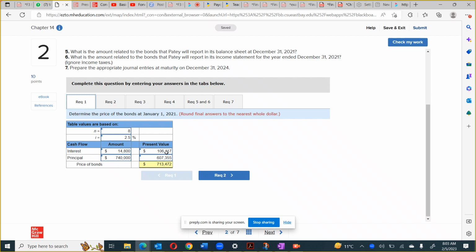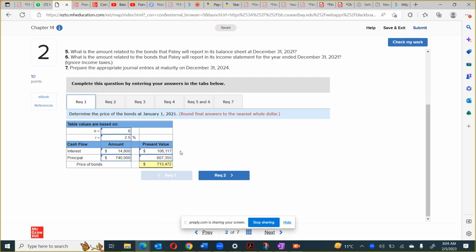Present value of annuity of interest, because we cannot take the annuity of principal. The reason is we only receive principal one time and we pay only one time. We pay interest on a regular time period, regular payments are being made.